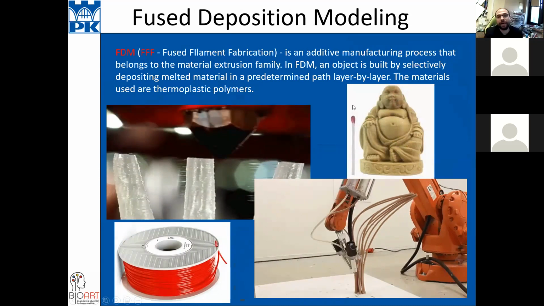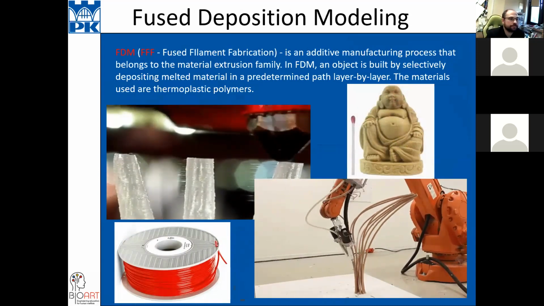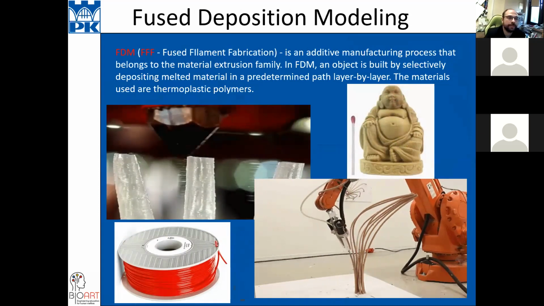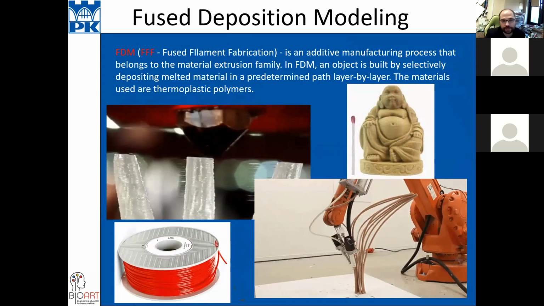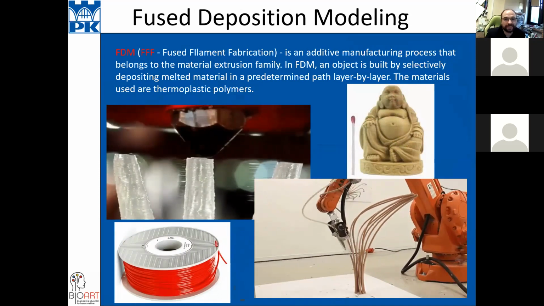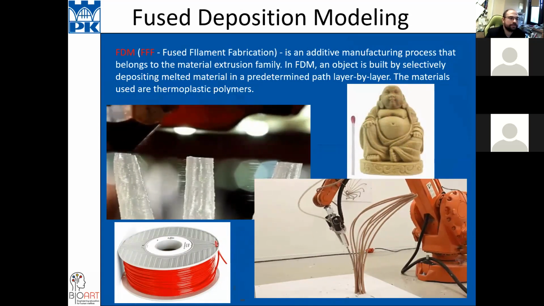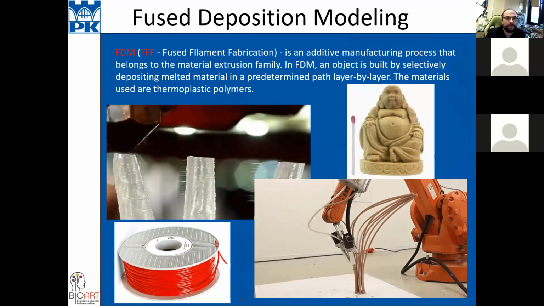Okay, my favorite: FDM, fused deposition modeling. They use another name, fused filament fabrication. Why do they use this name? Because FDM was patented. And I'm pretty sure that you know this technique quite well.